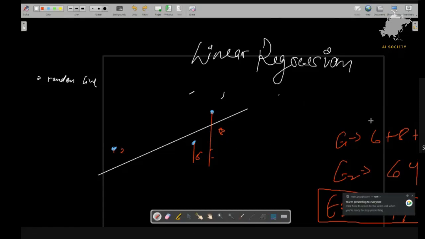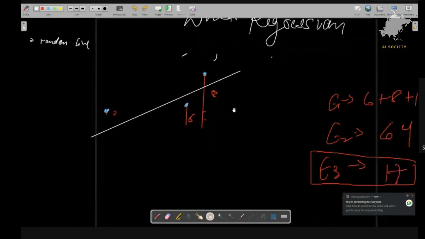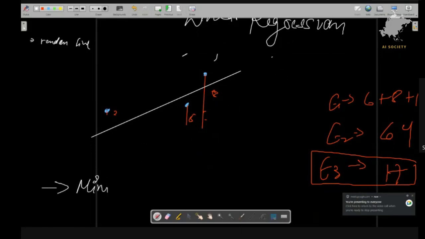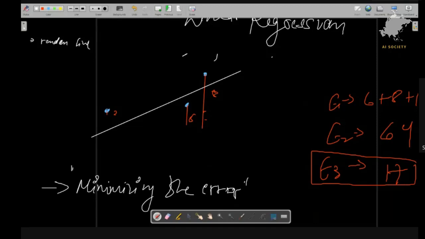Okay, now tell me one thing: whatever I'm telling you, can I say that I am doing nothing, I'm just minimizing the error? Yes or no? Type yes or no. I'm just minimizing the error when I am moving the line.